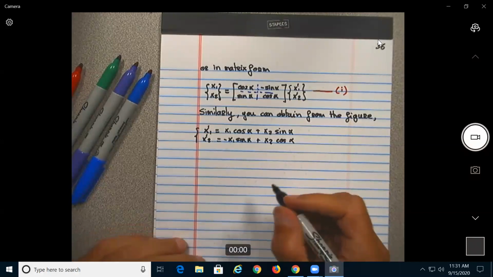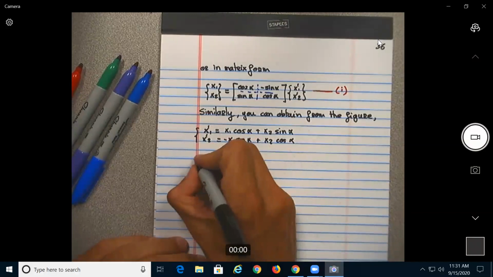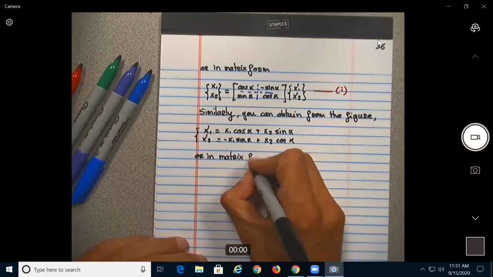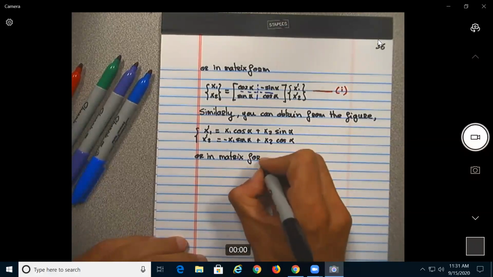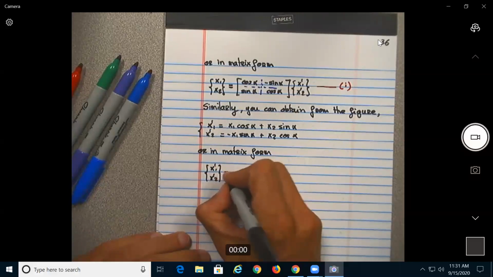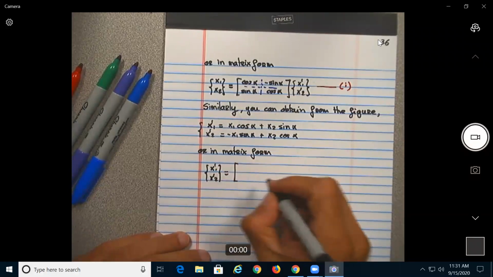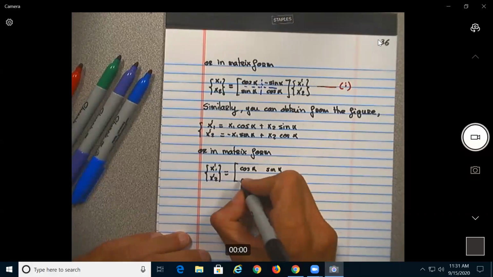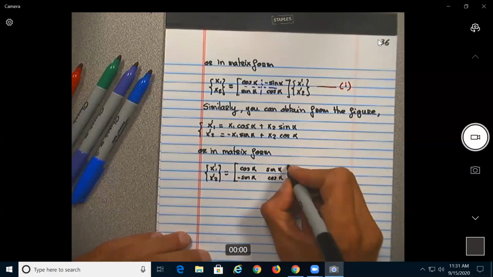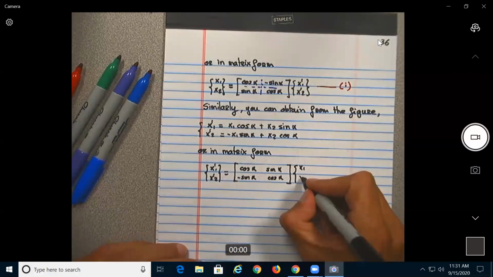Or again, in matrix form, you will get that x prime 1, x prime 2 will be equal to cos alpha, sine alpha, minus sine alpha, cos alpha, and this term will be x1, x2.